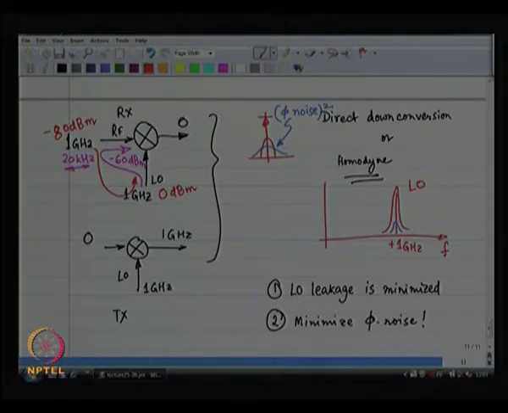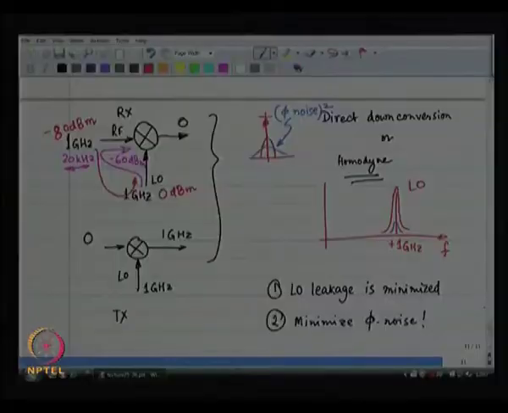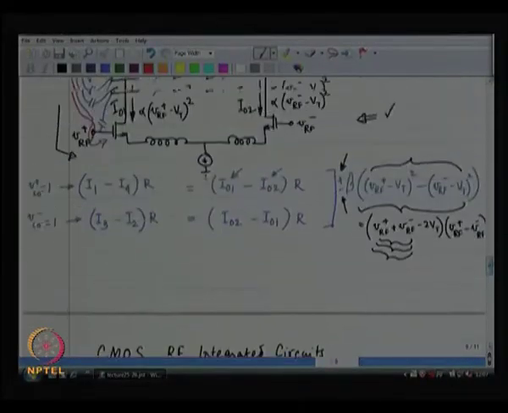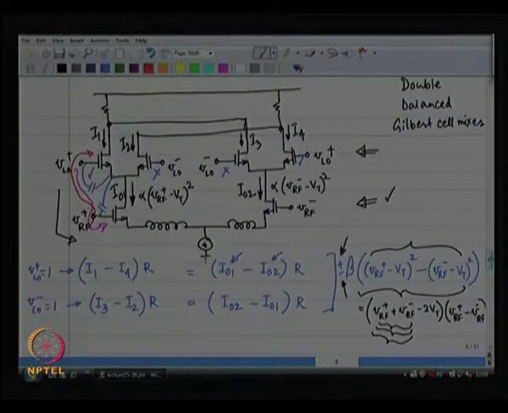The LO is a 1-0 signal. So, when the switch is off, it is off, when the switch is on, it is on, right. It is either completely on or completely off. That is why square wave helped us. So, over here either I get plus beta times something or I get minus beta times something, I do not get any intermediate values over here.